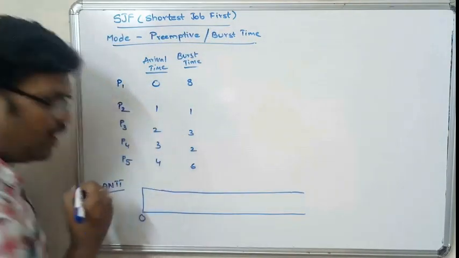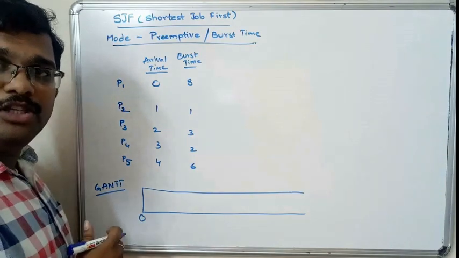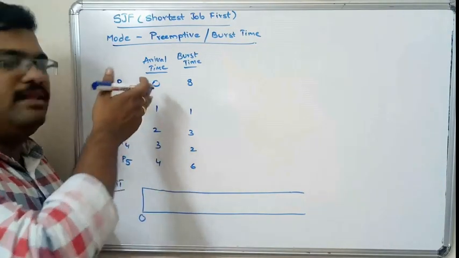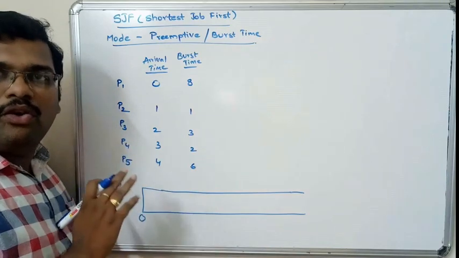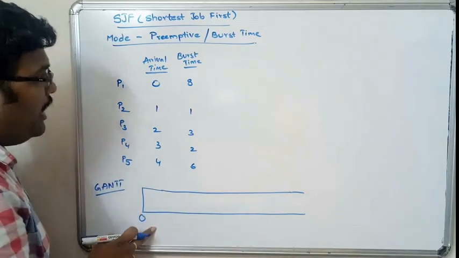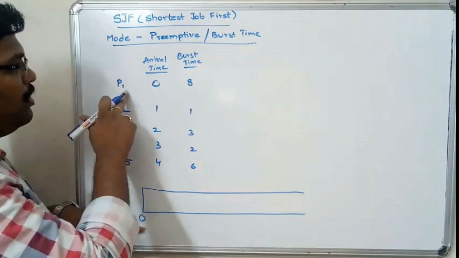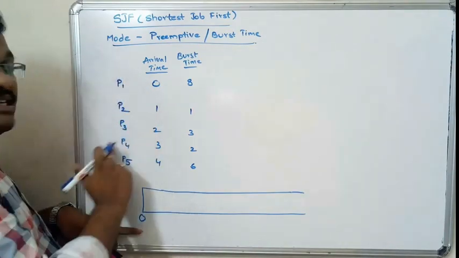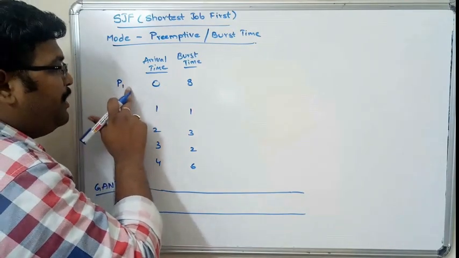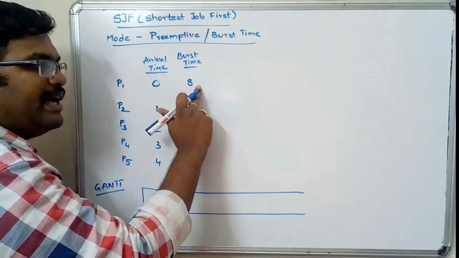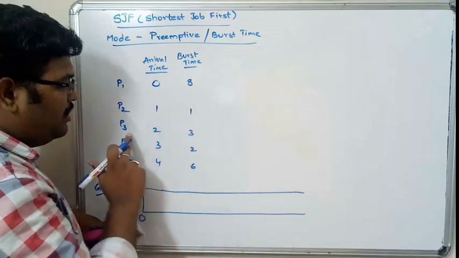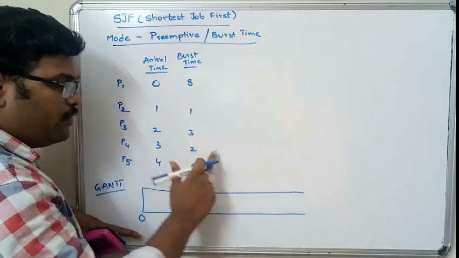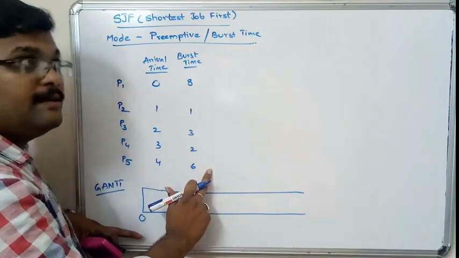So the Gantt chart always starts from the time 0. As I have said, the arrival time here is completely relative, it's not absolute, right? So at time 0, there are 5 processes, and P1 requires 8 milliseconds to execute, P2 requires only 1 millisecond, P3 requires 3, P4 requires 2 and P5 requires 6.